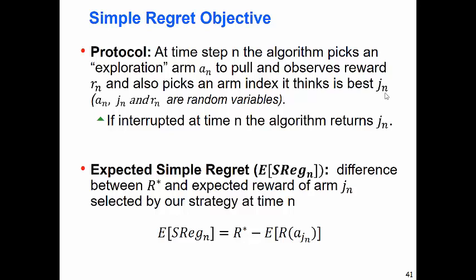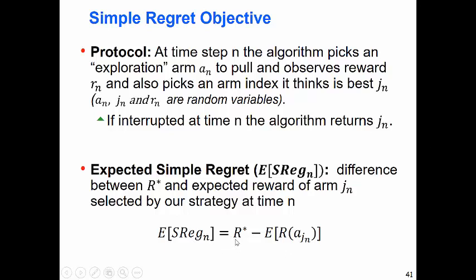It's outputting an arm to pull and its best guess about what the best arm is, which basically you can think of as, if you stop the algorithm now and you had to choose an arm, that's the one you would choose. Okay. So the expected regret formula is given by this.